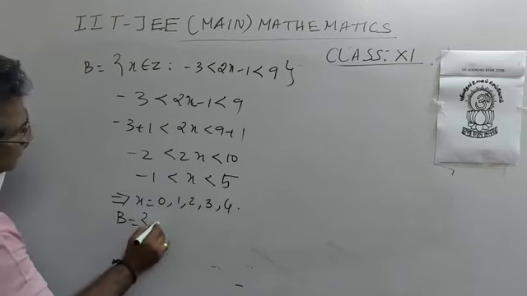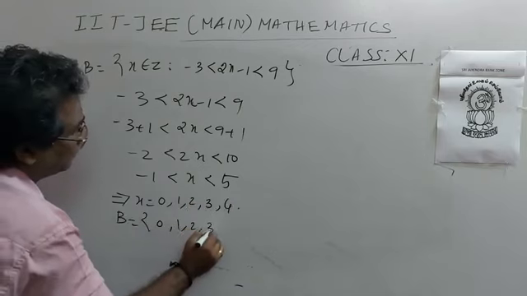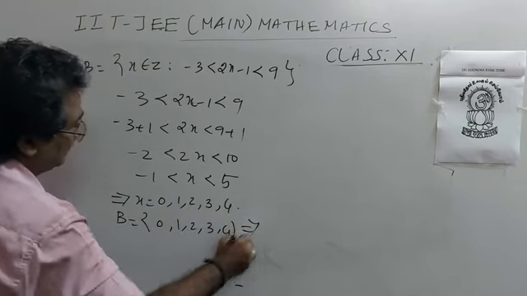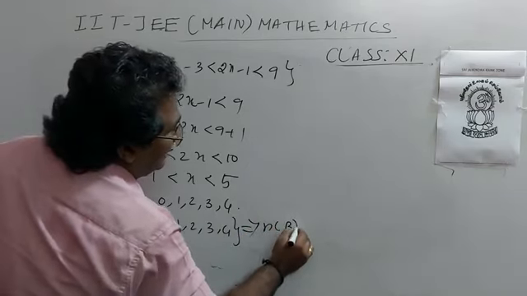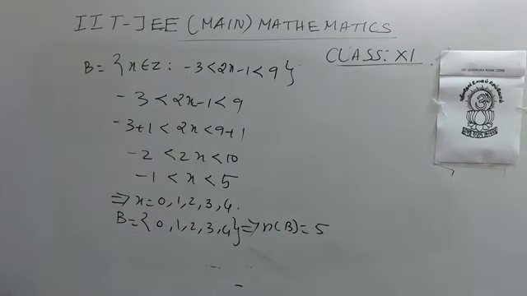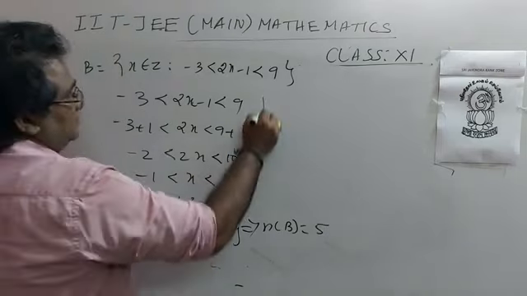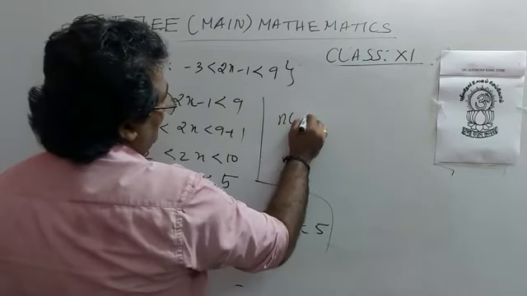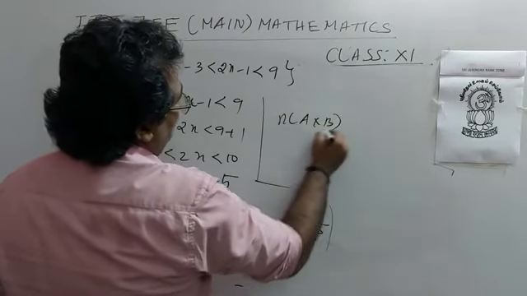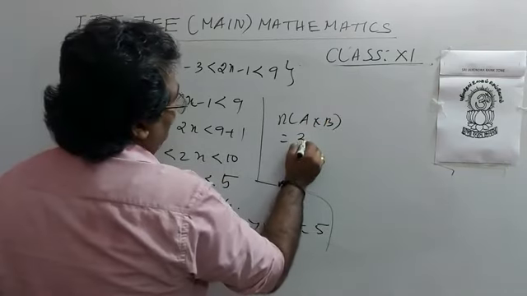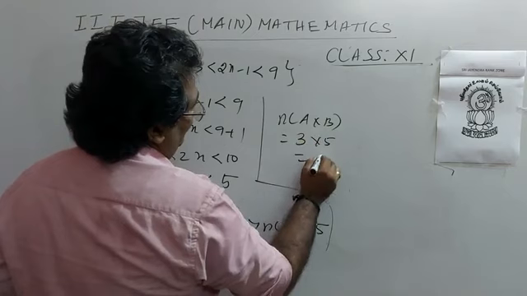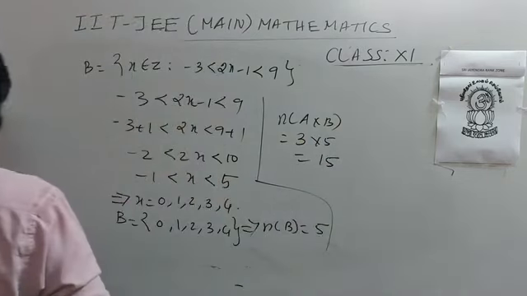So n of B equal to 5 elements. n of A cross B is n of A into n of B, 3 into 5, 15 elements.